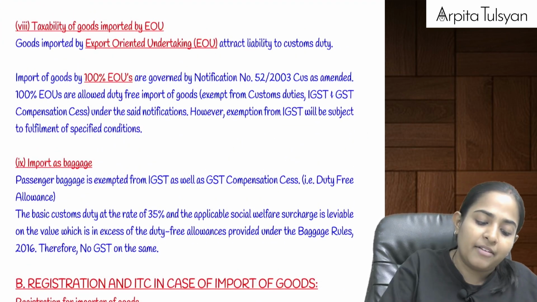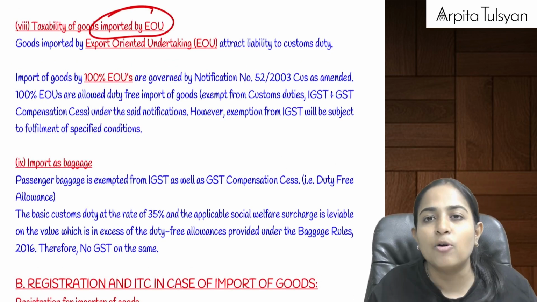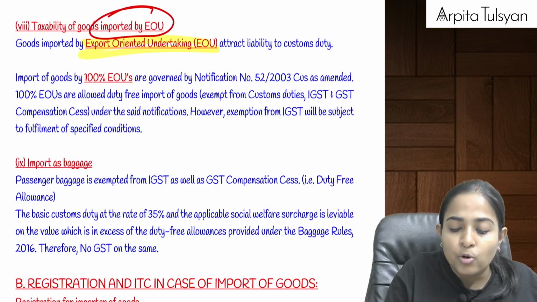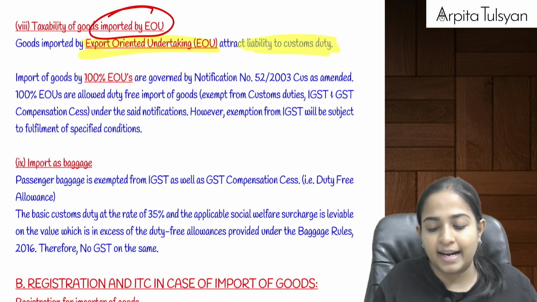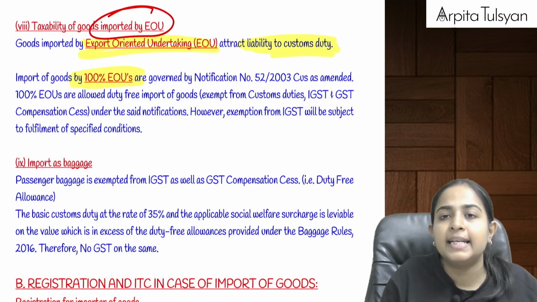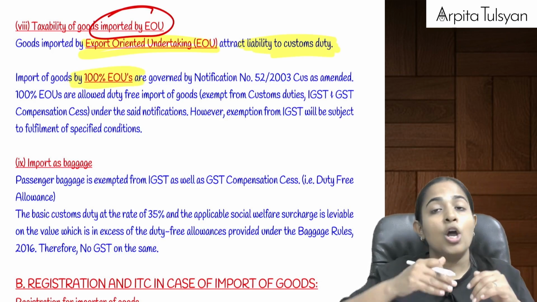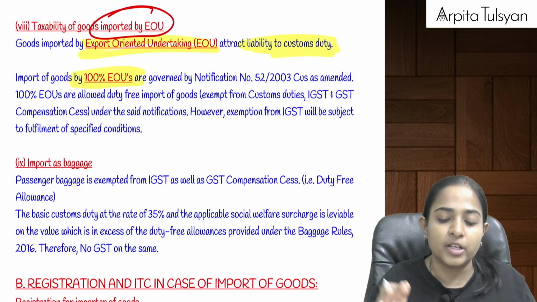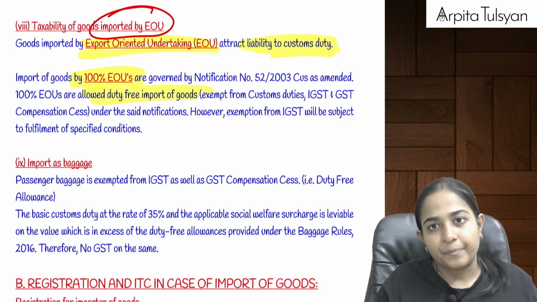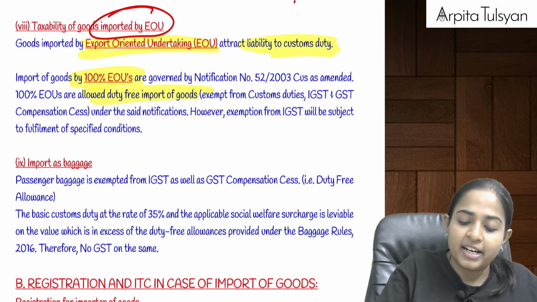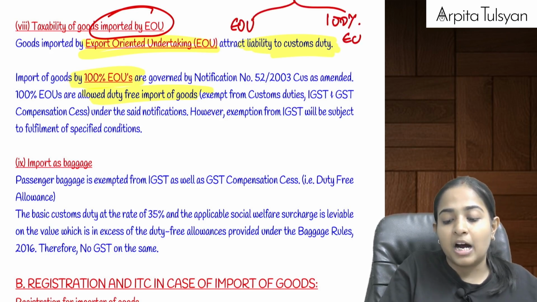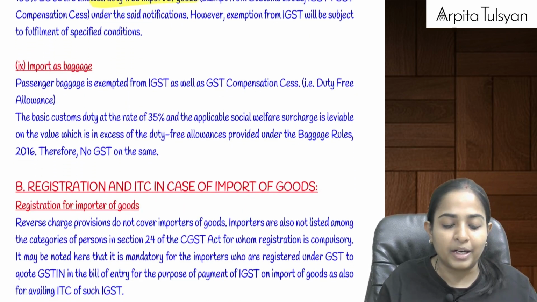Similarly, whenever goods are imported by an EOU, export oriented unit, it will normally attract customs duty. But when the goods are imported by a 100% EOU, whose total turnover is going to be export only, then this is going to be totally duty free. So there is a difference. When it is imported by EOU, tax is applicable, but when it is imported by 100% EOU, it is going to become duty free.